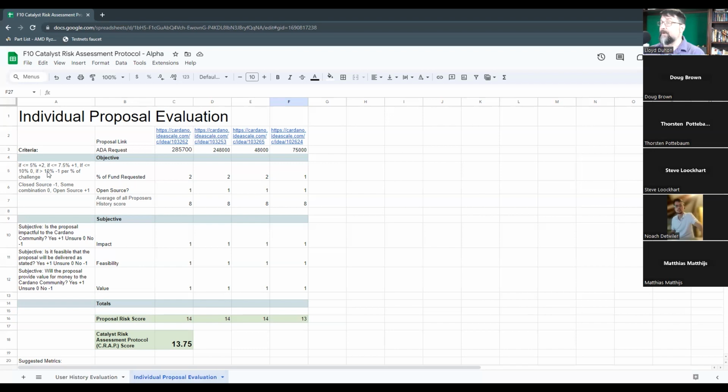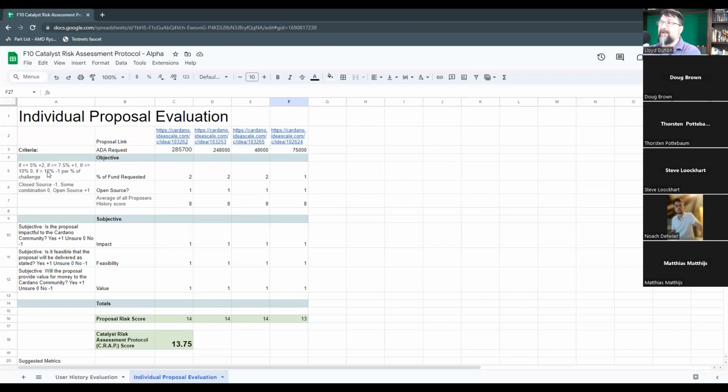And I like the one that Thorsten wants to add, and I'm going to find a way to add that one in, and then put a ratio together that weights those two with each other. The percent of the challenge, and it's probably whichever is higher that is going to be the metric, because that shows a greater risk, right?